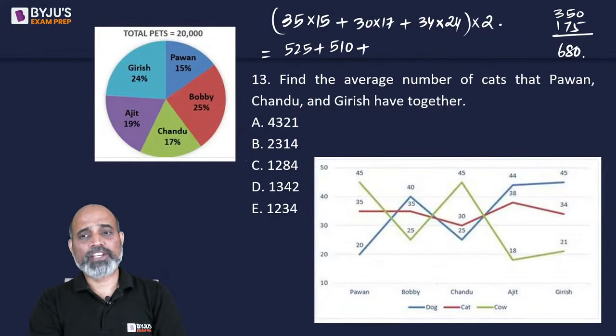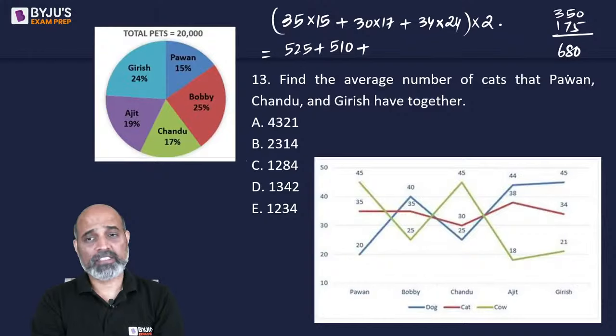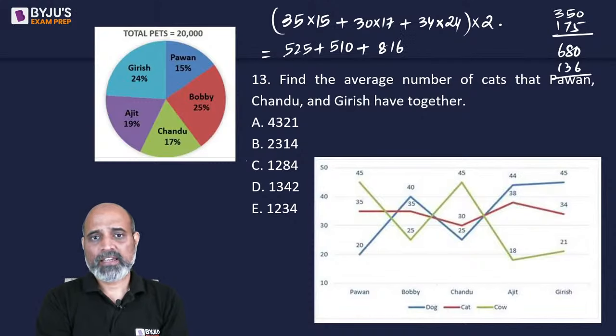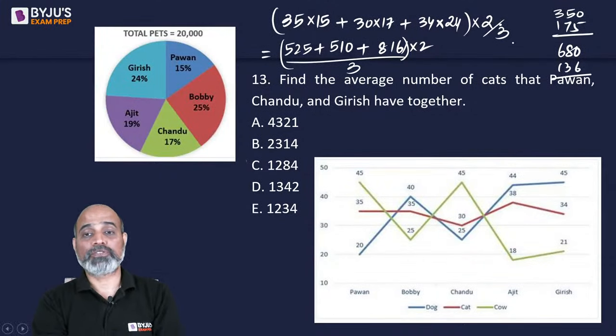And 34 into 4. So 68 का double हो जाता है 136. So this is going to give us 816. Then we have to double this and divide it by 3. Let's not forget dividing it by 3 because we need to calculate the average, right?